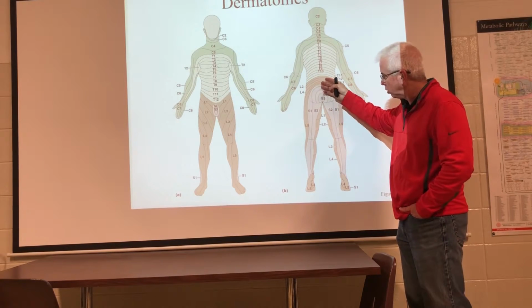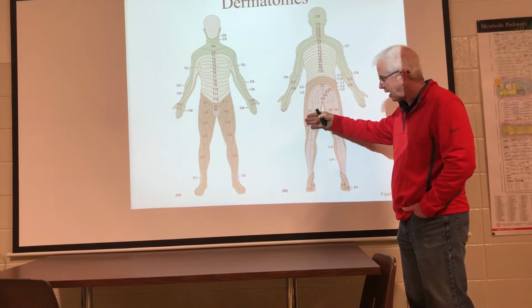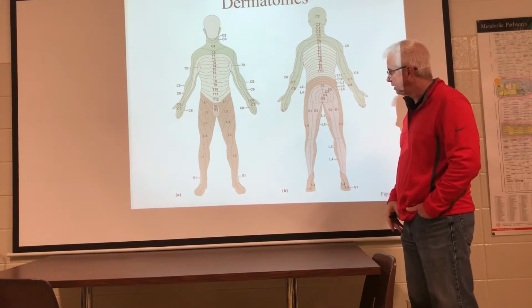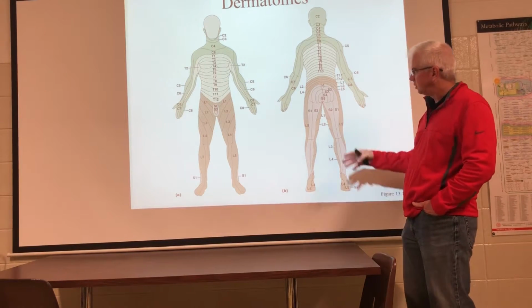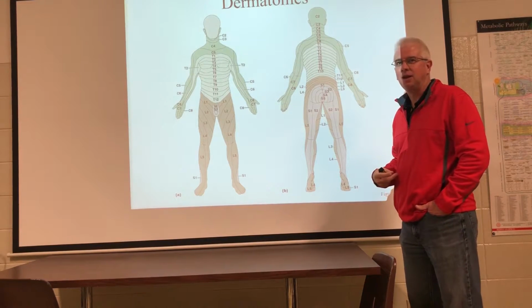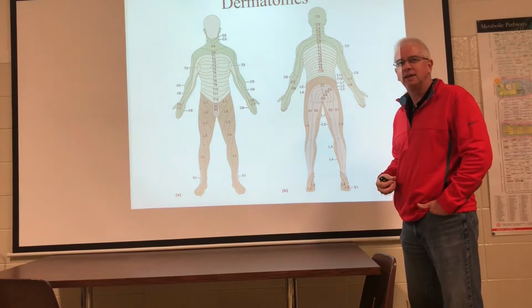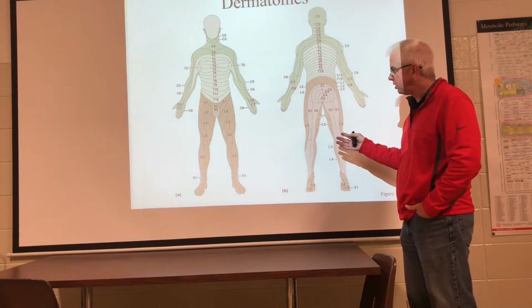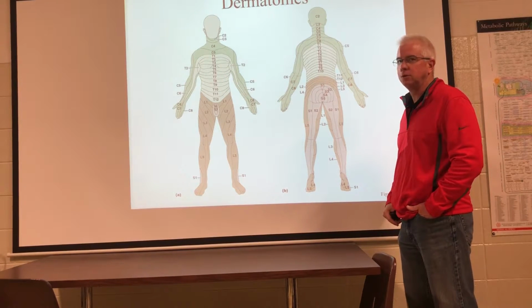It's normally along the more lateral regions of the leg. You can see L5 and S1 there. And so if they can isolate the pain in their leg, then you can isolate the location in the spinal cord where the injury is, just by knowing the general features of this dermatome.